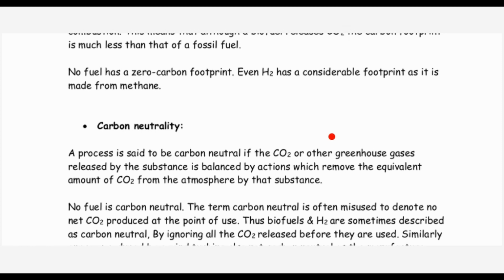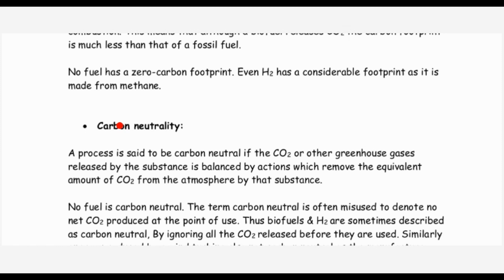Water is costly because extraction of hydrogen from water involves high energy electrolysis, which is costly. So currently it is done from methane, and the extraction of methane releases a lot of carbon dioxide to the atmosphere. So even hydrogen, if you use it directly, is not a carbon neutral fuel. It has a significant carbon footprint.